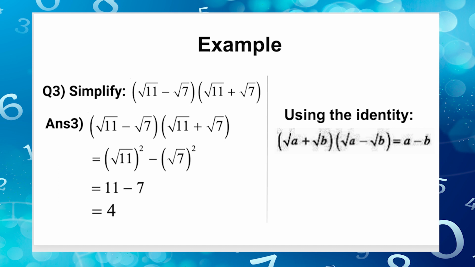On solving the given question, we get under root 11 square minus root 7 square, which gives us 11 minus 7, that is equal to 4.